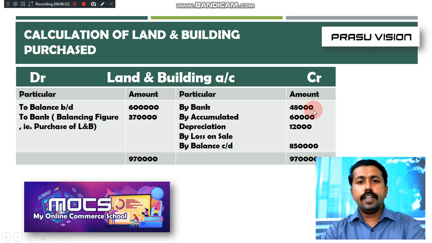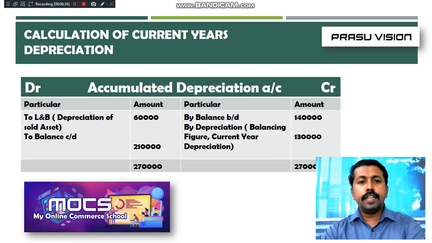cash. Next we have to prepare the accumulated depreciation account also. Provision for depreciation is a liability, so the opening balance will be on the credit side: by balance brought down 1,40,000 and to balance carried down 2,10,000. Then the depreciation for the sold asset will be recorded on the debit side, to land and building 60,000.